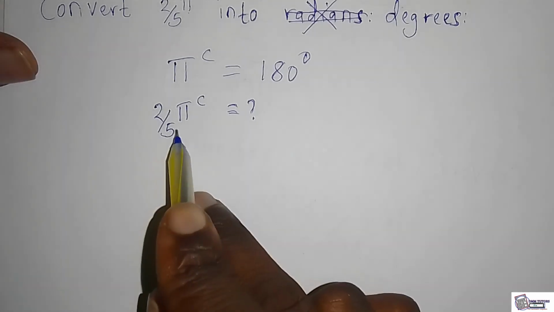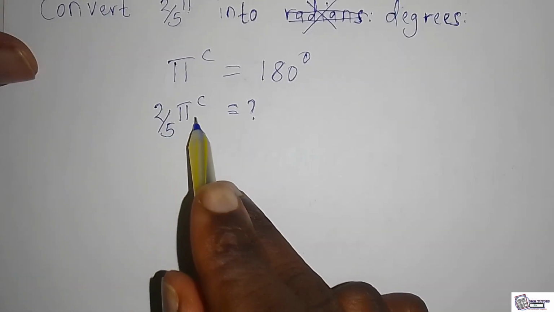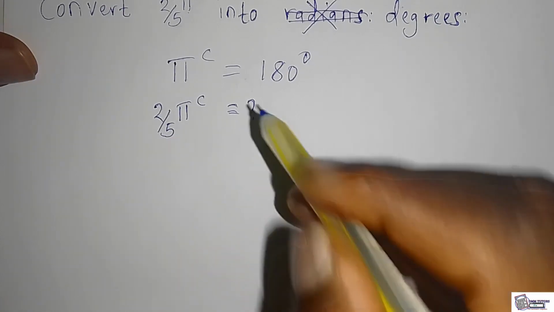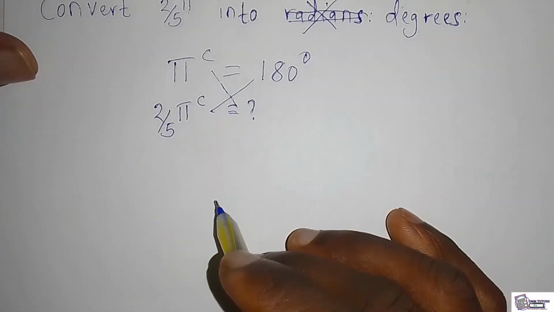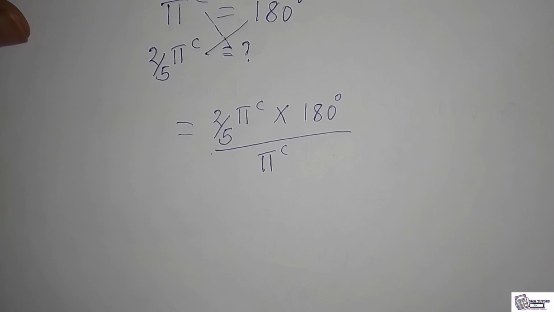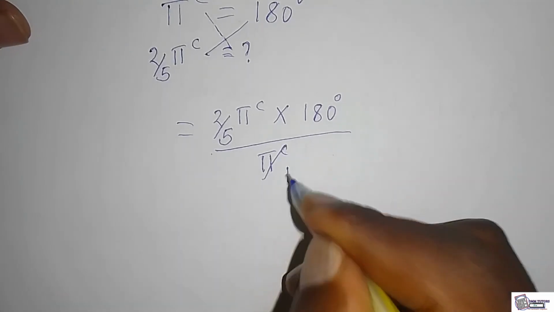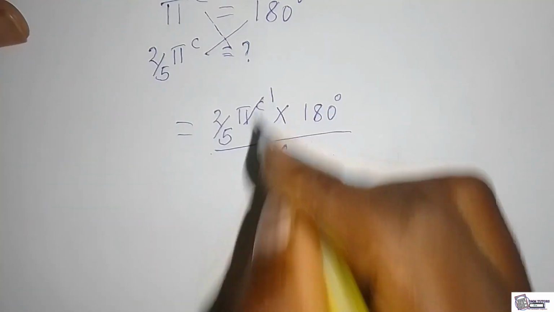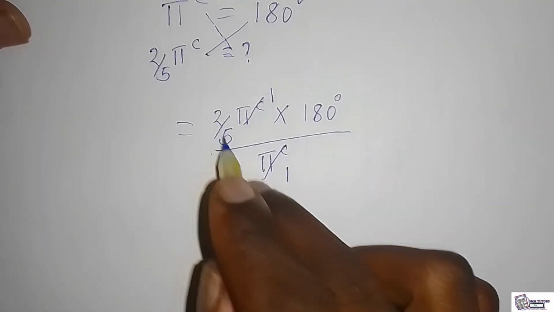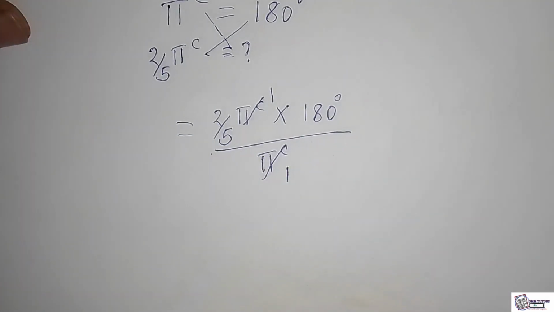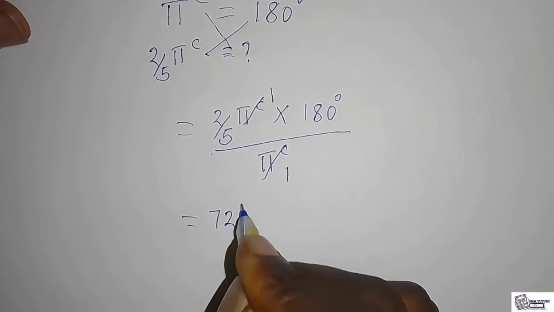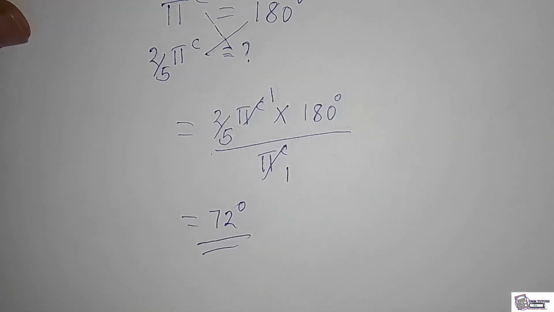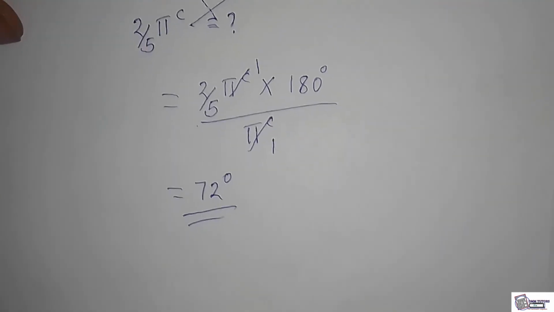What about 2/5 pi radian? Then you carry out cross multiplication and you find this will cancel with this one. Then you have 2/5 times 180, you find 72 degrees. Alright.